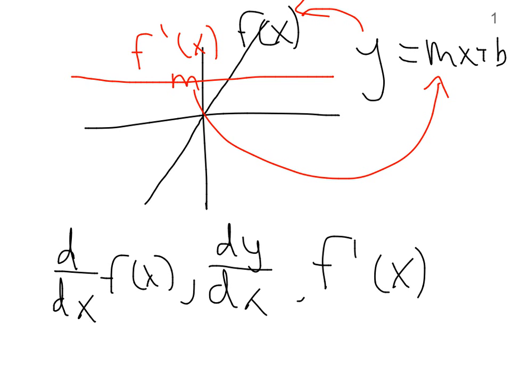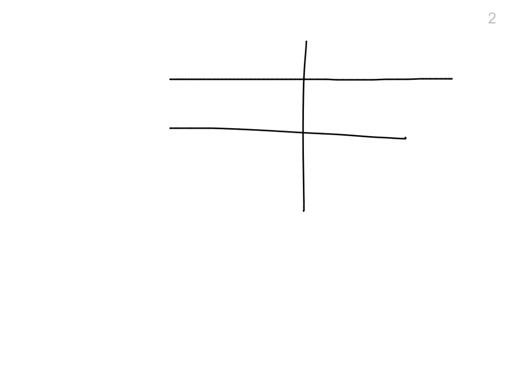Now, let's actually start with the even simpler case, where we have just a straight line function, like y equals 3. Well, what is the slope of that function? What is the rise over run?